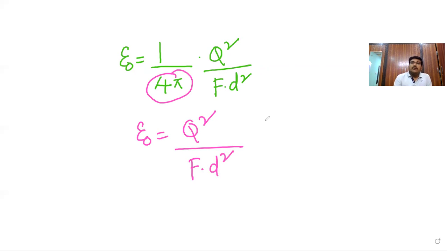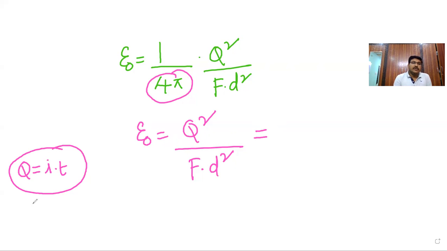Clear? Now observe carefully. This is the charge. This is force. This is the distance. Clear? Now, I am putting that. In the previous class, we know that charge is equal to I into T, current into time. This was the simple equation.